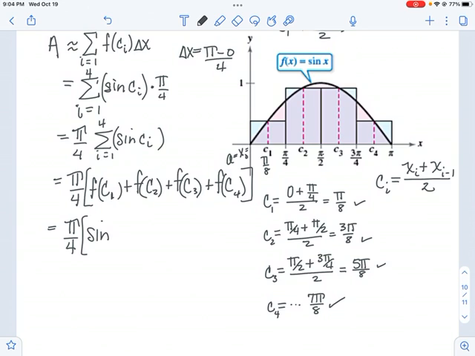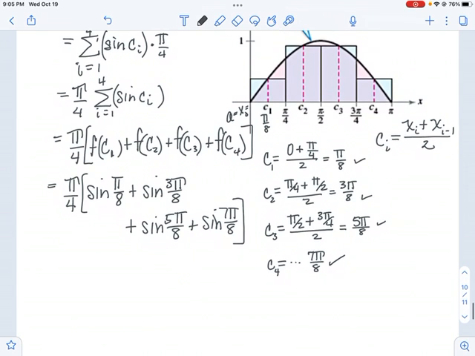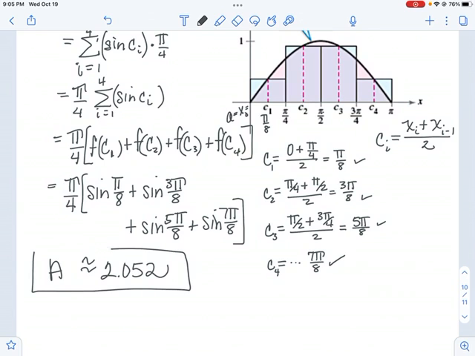And so then I get pi over 4 times the sine of pi over 8, plus the sine of 3 pi over 8, plus the sine of 5 pi over 8, and the last one, the sine of 7 pi over 8. Okay, just using that midpoint. So we get an approximate area with all these of 2.052.